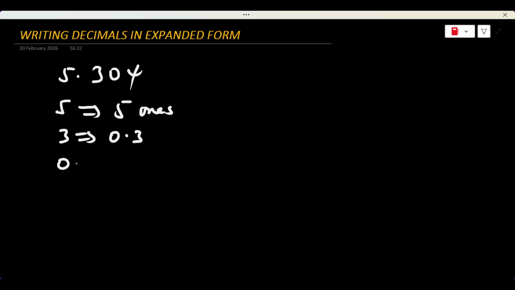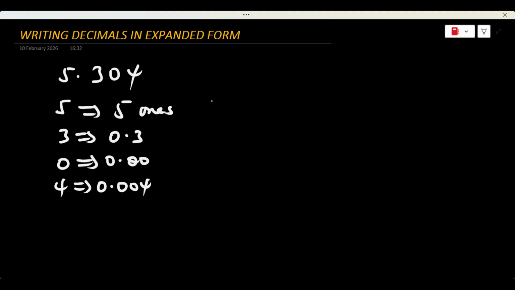And we have the 0, which will be written as 0.00. Of course, we know it's just 0. And then we have the 4, which is giving us what? 0.004. So we know that this is 0. So anything that is added to 0 remains the same number.